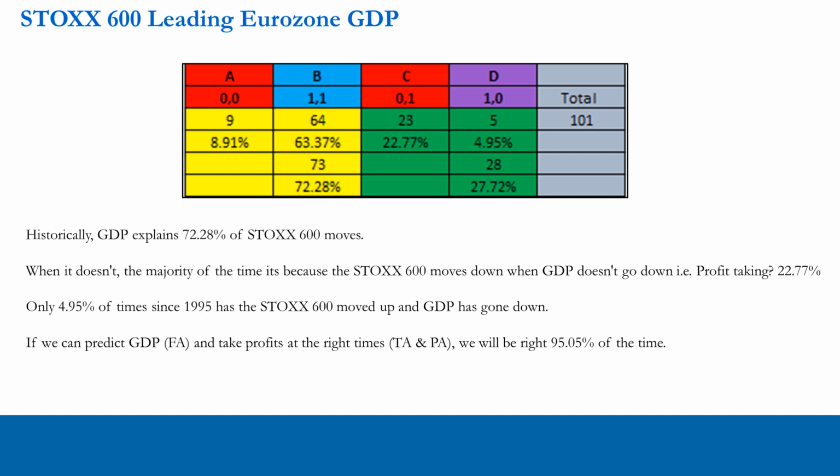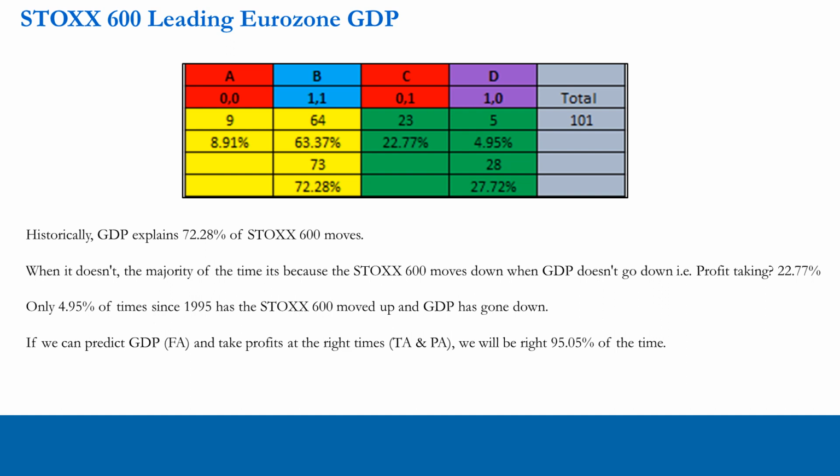In the minority of cases, so only 4.95% of times, and we're looking at a data set here that goes back to 1995, only 4.95% of times has the Stoxx 600 moved up and GDP gone down. So what does that mean? Well, it's a similar outcome as to when we're looking at S&P 500 and US GDP.